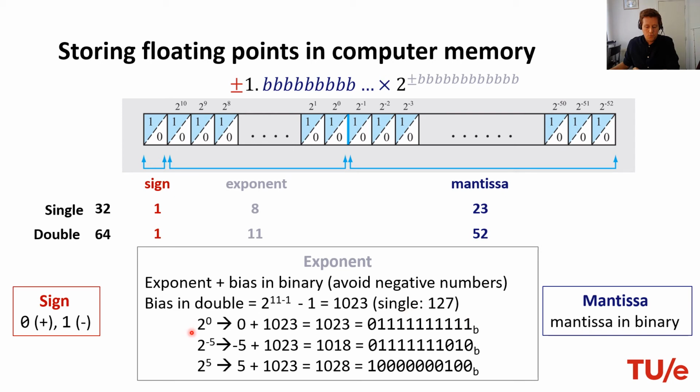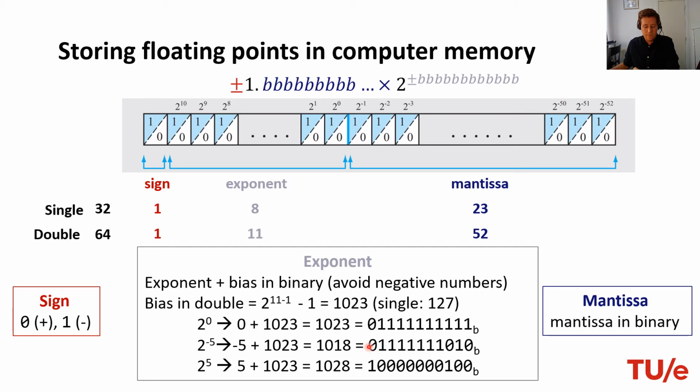If we want to store a negative exponent, well, then we have to add again this bias. So minus 5 plus the bias, well, that's still a positive number, 1018, which translates to 0, 1, 1, 1, etc., 0, 1, 0 in binary. So even though the original exponent is negative, the exponent plus the bias is a positive number.